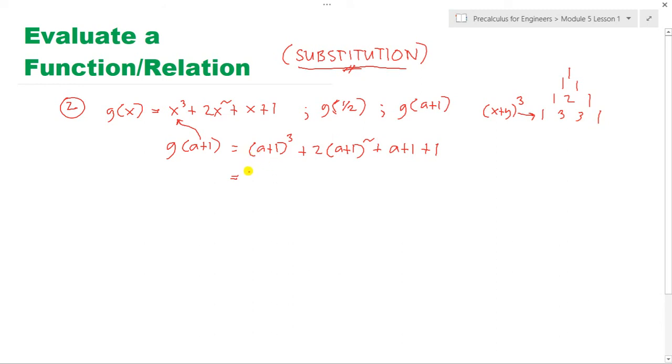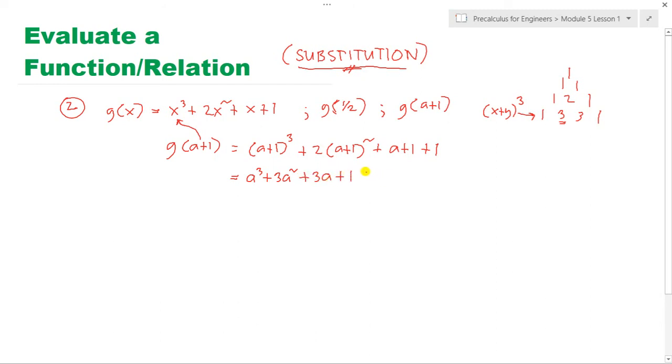So here we can rewrite this as a cubed plus, the second term has a coefficient of 3, so put there 3a squared. Again, your exponent should decrease. The next one is again 3, then a plus 1.